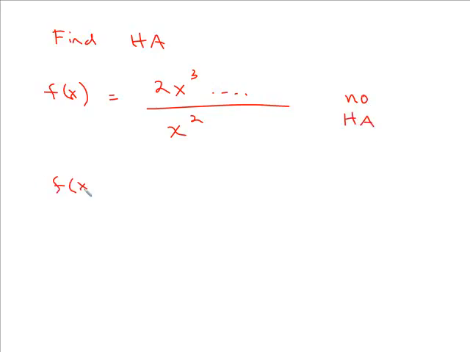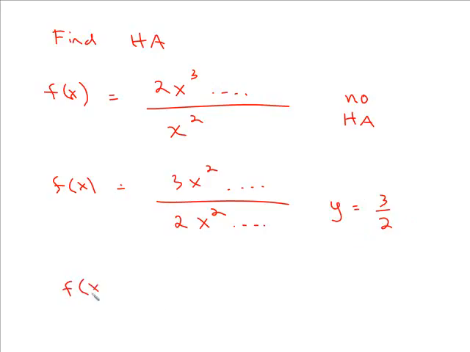If they're equal, let's say 3x squared and so on over 2x squared, then the horizontal asymptote would be the line y is equal to the ratio of the coefficients, 3 over 2, or 1.5. That means you're going to have a horizontal line at 1.5 on the graph.